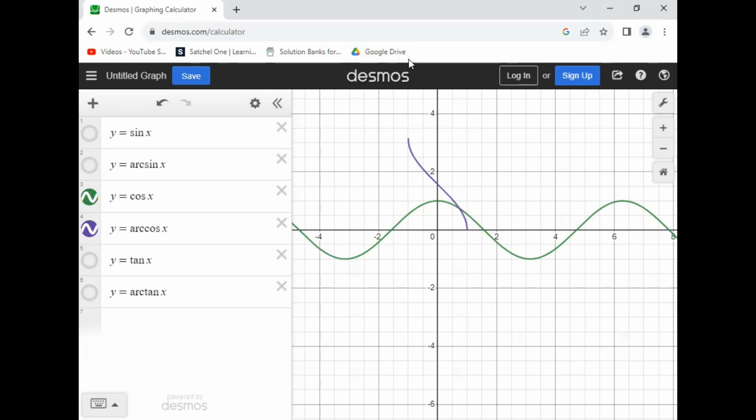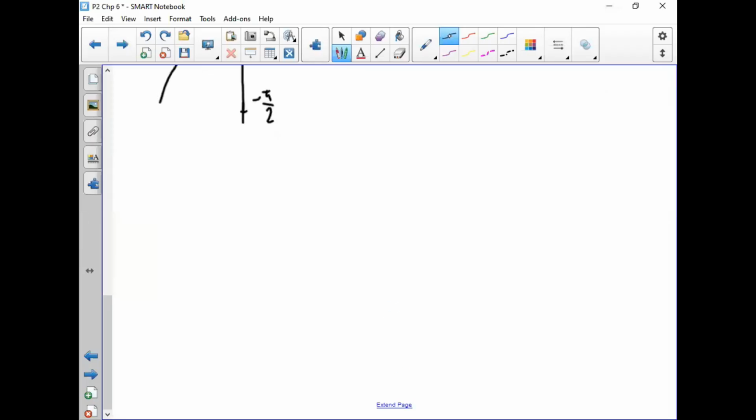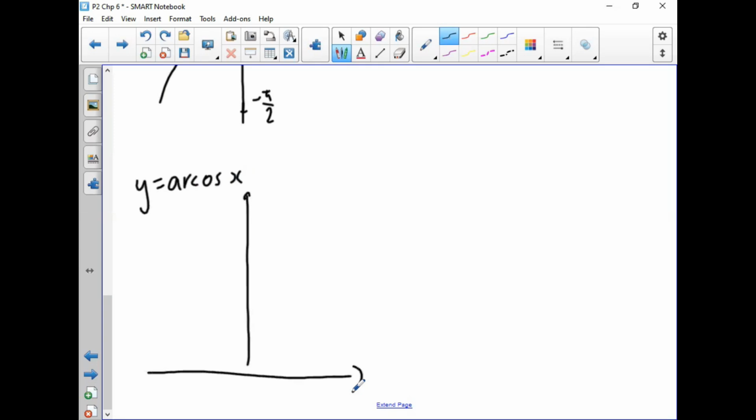Well, y equals arc cos x graph. We go from -1 again. The y-axis was -1 to 1, so therefore it becomes the x-axis on the arc cos x graph, and then we start from here to here. So that's pi over 2, and that's 0.